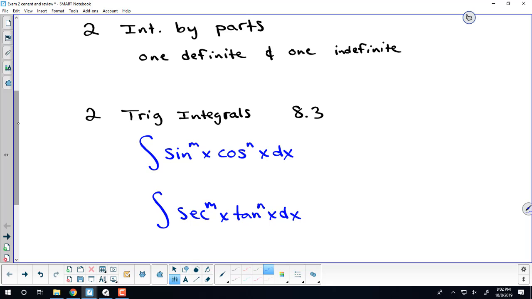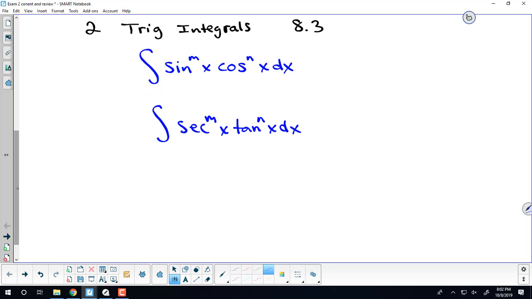So the examples we worked in class are really good resources for those types of problems. There's 2 trig sub questions, and that was 8.4. 2 of those.